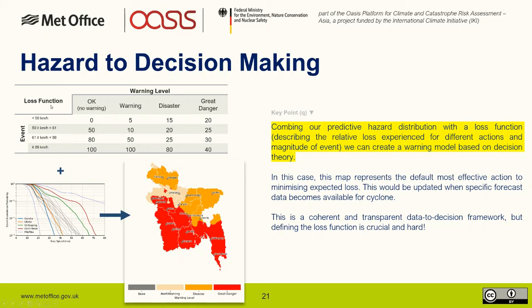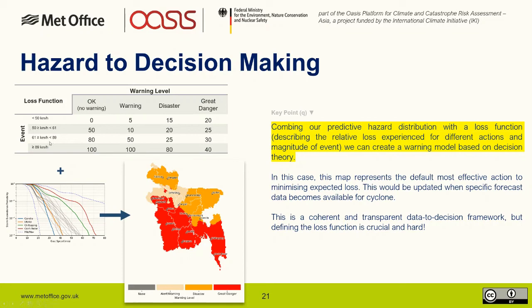And so we see that for a range of events, ranging from a relatively weak event to a relatively strong event, and a range of warning levels ranging from issuing no warning to issuing the most extreme warning, there is a range of loss associated with each of these. So for a very strong, a very extreme event, were we to issue no warning, we can see that the relative loss would be very high, say on a 100-point scale.